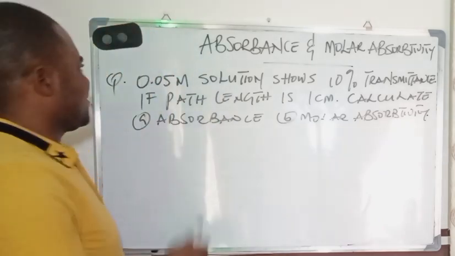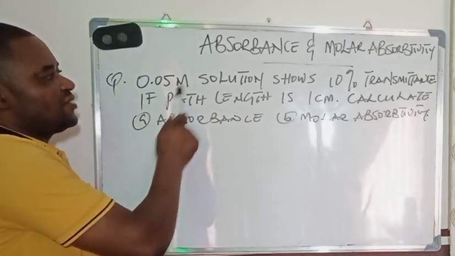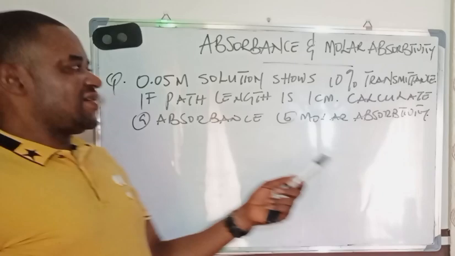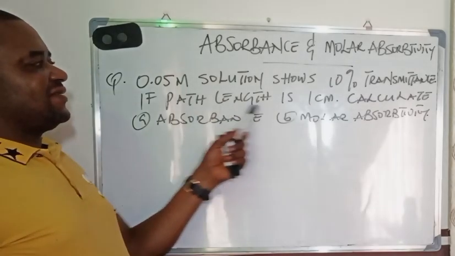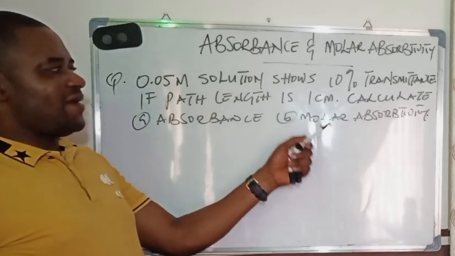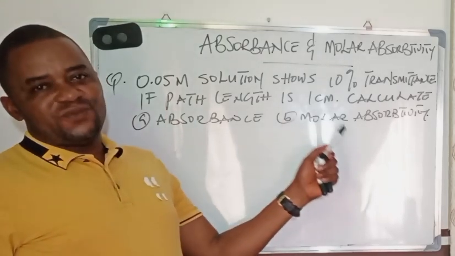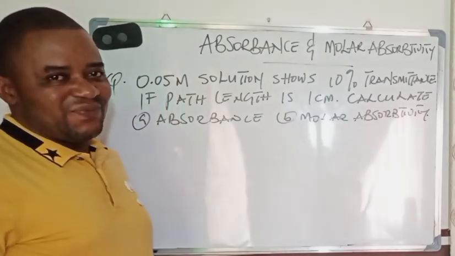Now the question here is: a 0.5 molar solution shows 10% transmittance. If path length is 1 cm, calculate A, the absorbance, and B, molar absorptivity. Very simple.